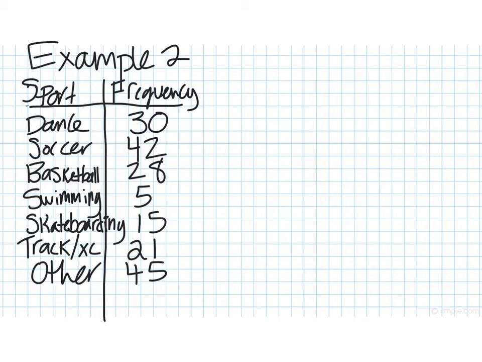I want you to make a bar graph. Notice these numbers are big, so think carefully about what scale you're going to do. You probably shouldn't count by ones for your frequency. You should probably count by a bigger number than that. Give it a shot.